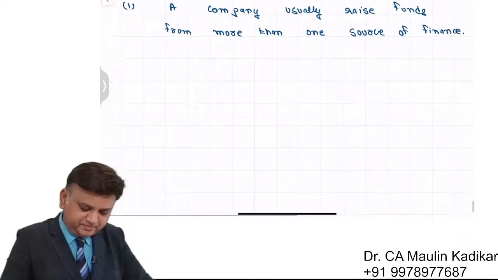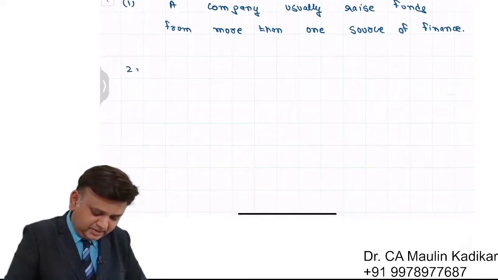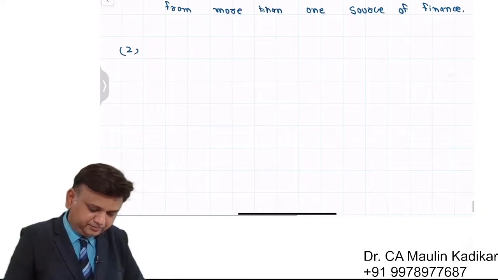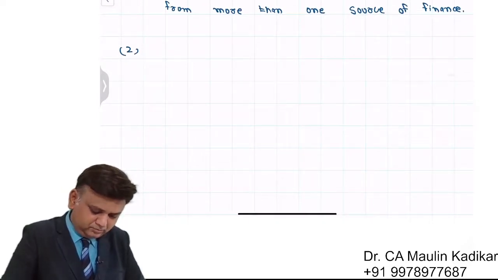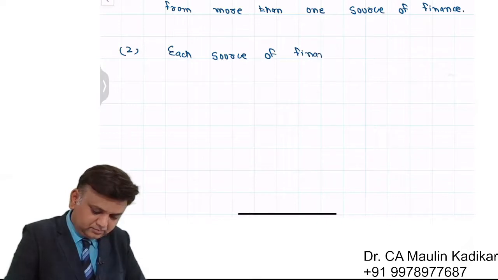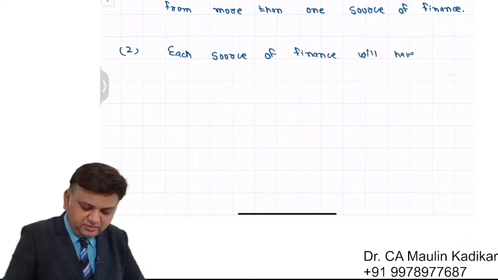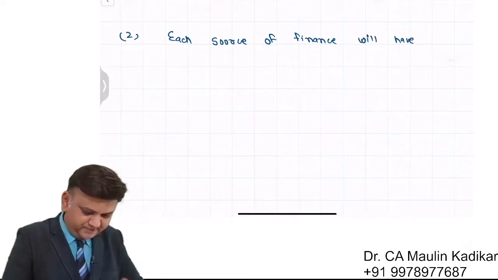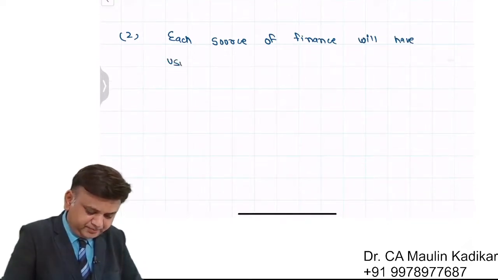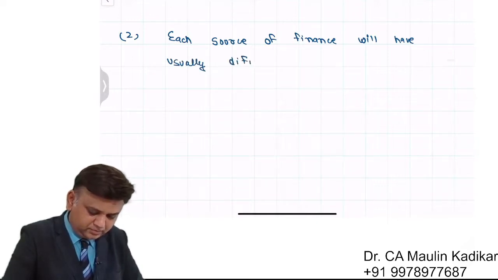Full stop. Second point: each source of finance will usually have a different cost of capital.